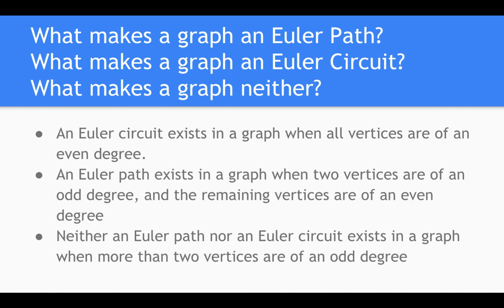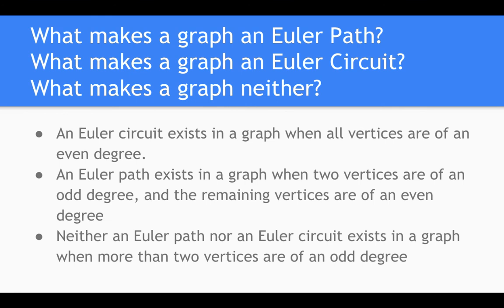So that means all the vertices have a degree that is divisible by 2. And an Euler path exists in a graph when 2 vertices are of an odd degree and the remainder of the vertices have an even degree. And neither an Euler path nor an Euler circuit exists in a graph when there are more than two vertices with an odd degree.